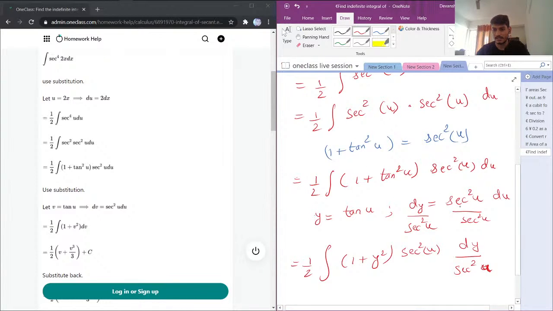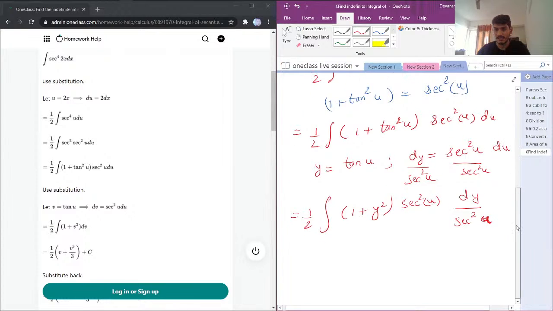So basically with this we are eliminating all the terms of u. Once we have substituted y and converted the integral in terms of y, we need to remove all the terms of u.